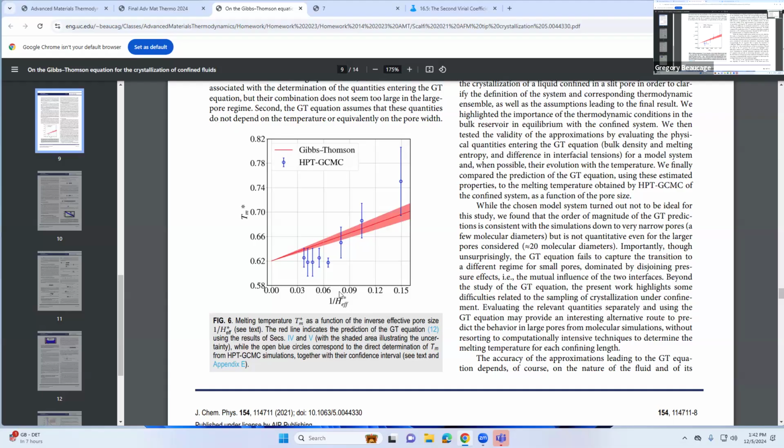If you say he cut off at this gap size, you'd say it doesn't change. Then he happened to go a little bit further and gets three points that deviate upward with big error bars. You could just say that's constant if you wanted to, or you could say it's a trend going up, but it's not the Gibbs-Thompson trend. That makes you wonder why it has that slope, which he doesn't address.